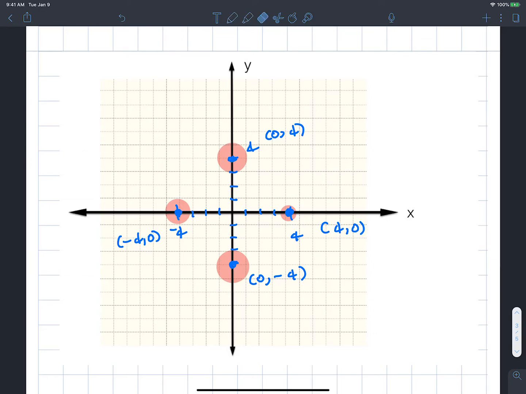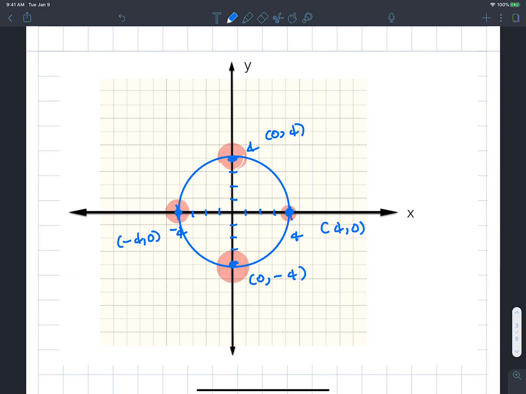Just draw your circle. And there we go. I like that. And can I make it fit? I guess it's a little bit. We'll call it good. There's your circle. Circle of radius 4.